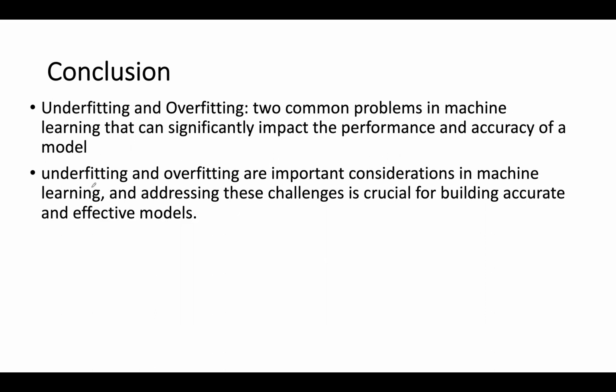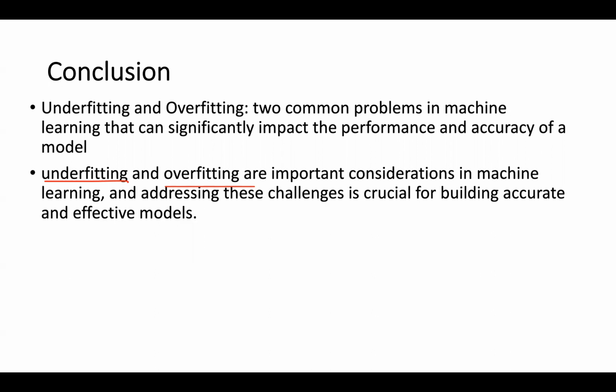This can result in poor performance on both training and test data. While overfitting occurs when the model is too complex, meaning it becomes too closely fit to your training data, and it might even capture noise in the data. This also might result in poor performance on new or unseen data.